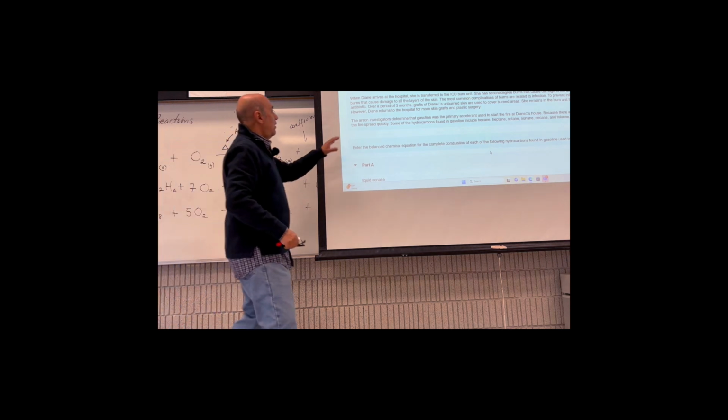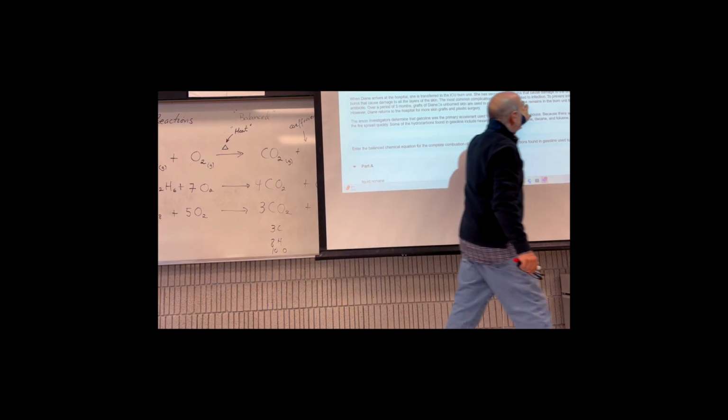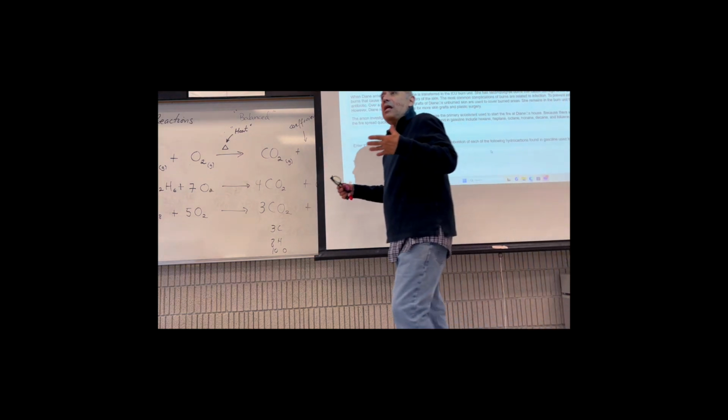But let's just do it from the beginning. So when you look at the problem, all of this is just a story that has nothing to do with the question. It's just telling you what we are dealing with.